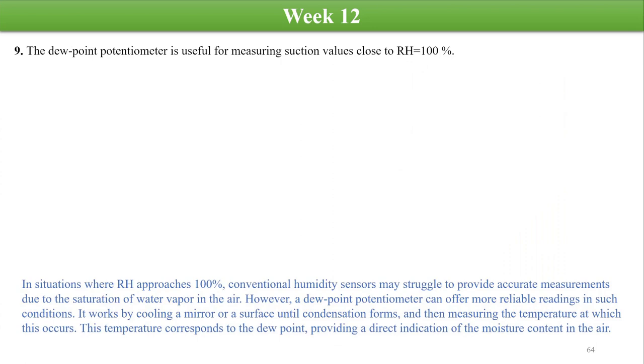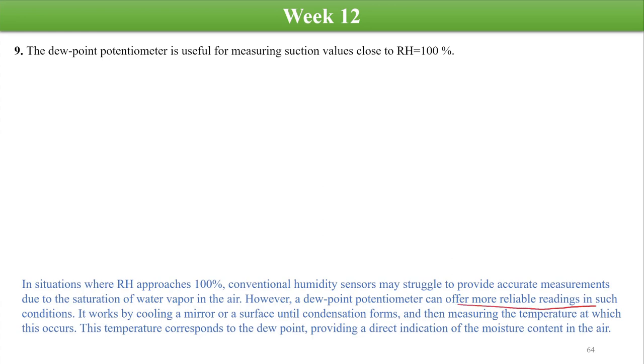The ninth question says the dew point potentiometer is useful for measuring suction value closer to RH equal to 100%. So it says that when the RH approaches 100%, a conventional humidity sensor may struggle to provide accurate measurements due to the saturation of the water pressure in the air. However, in the dew point potentiometer, the principle is a little different.